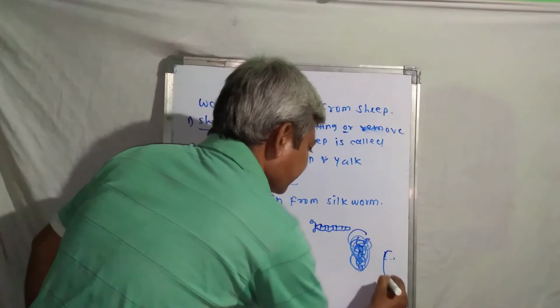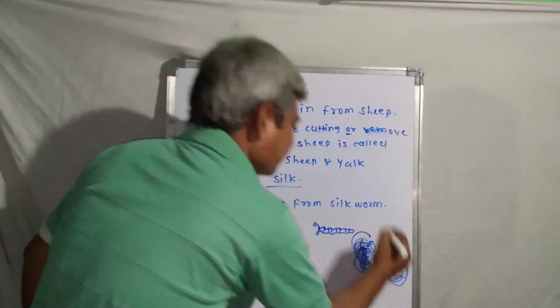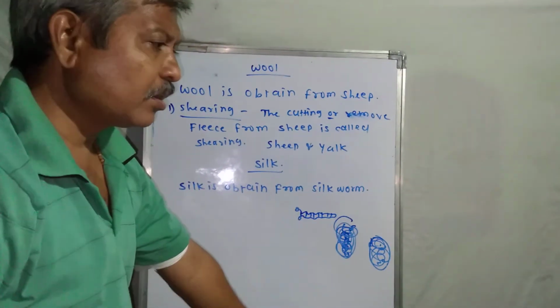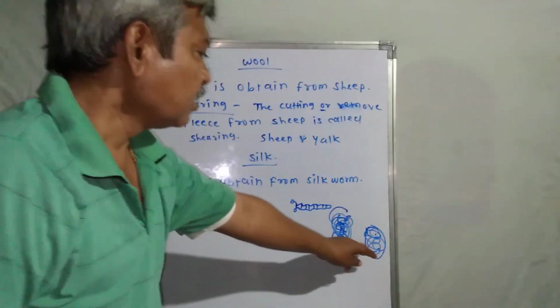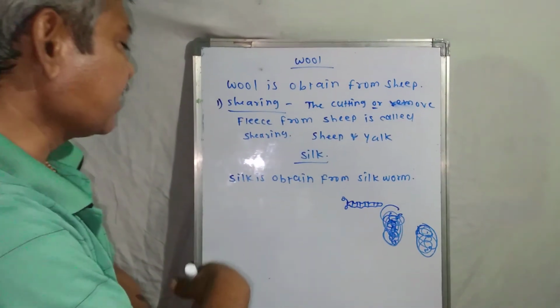Like this, they form the cocoons, and that caterpillar is enclosed in that cocoon. A larva is present.